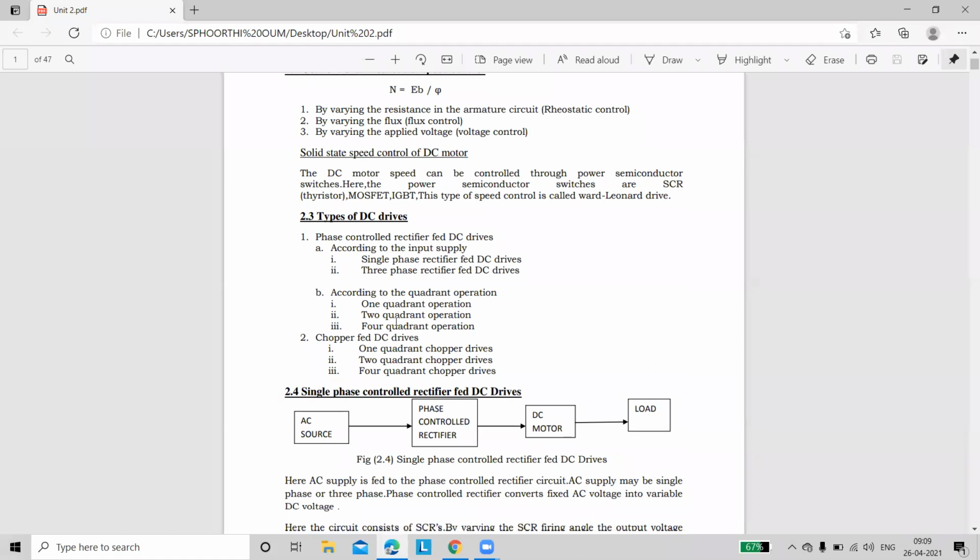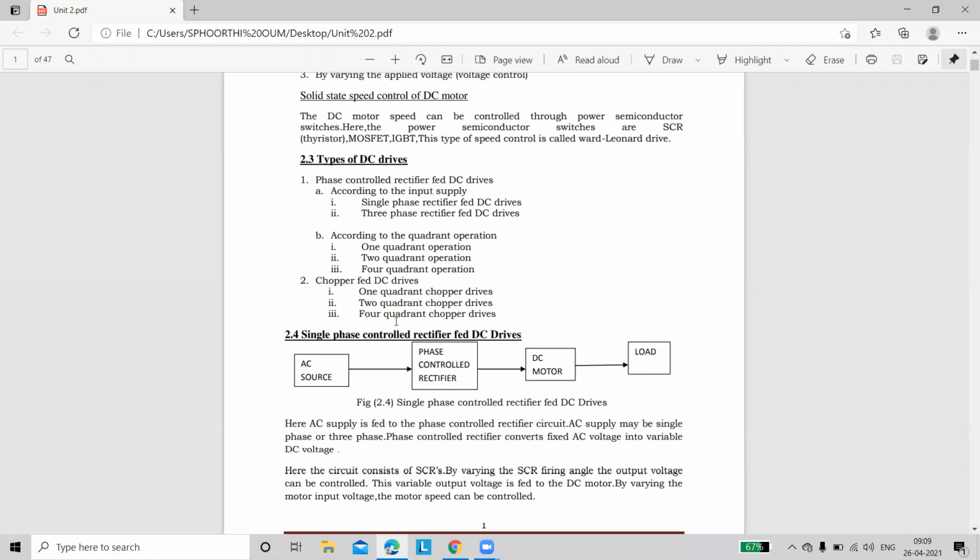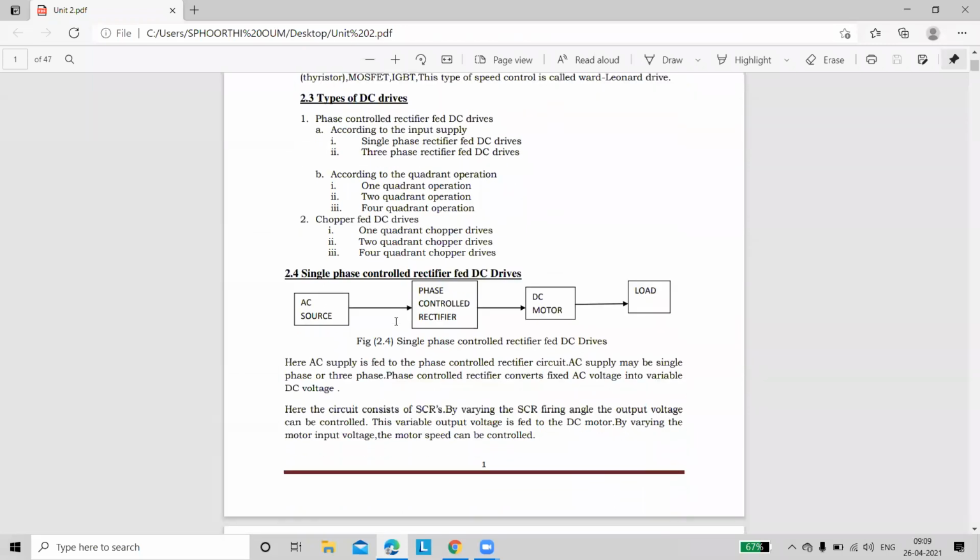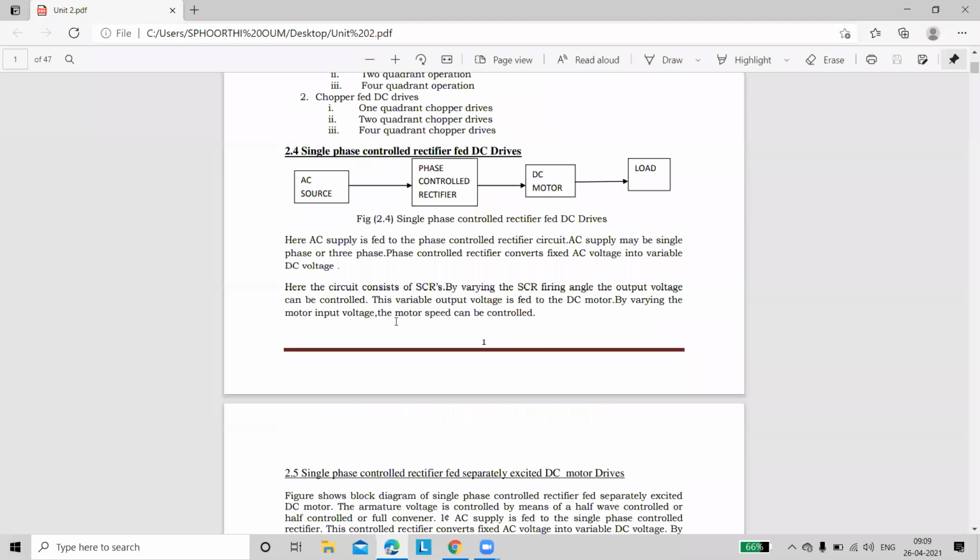Types of drives. Just the layout of a controlled rectifier fed DC drive. What is the layout of a normal controlled converter fed DC drive?